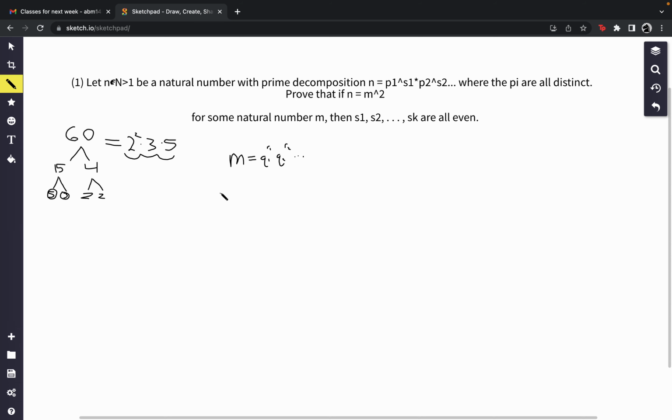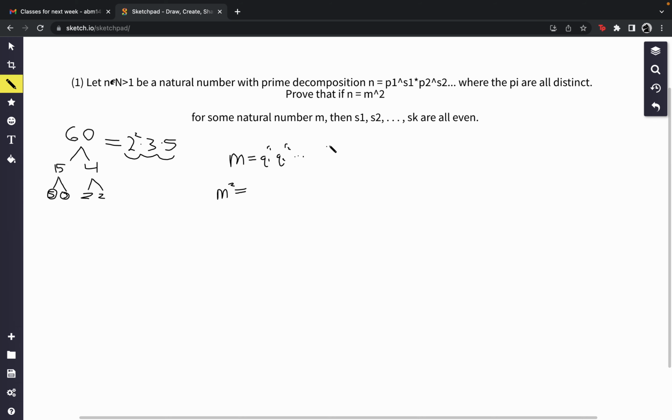And now if we take m squared, that is going to be this squared. And when we square an expression like this, we're just going to be multiplying each exponent by 2. And that's something that we learned in algebra.